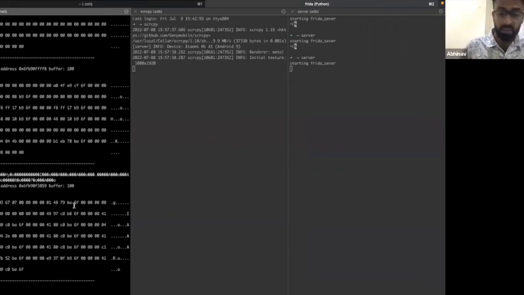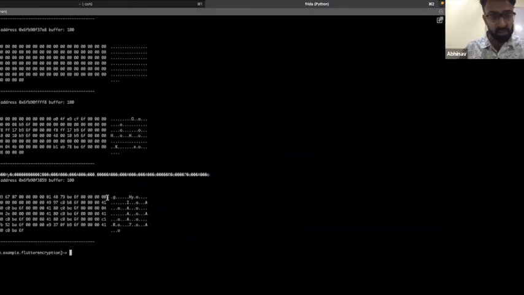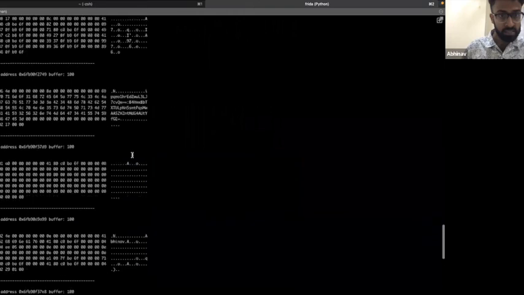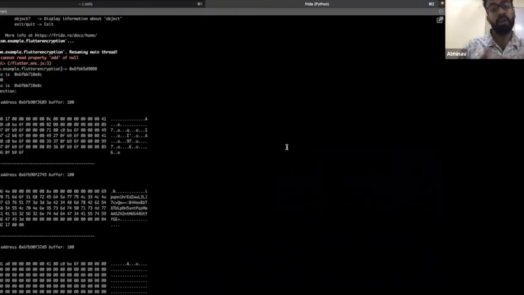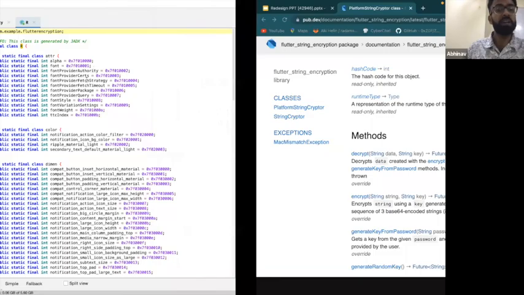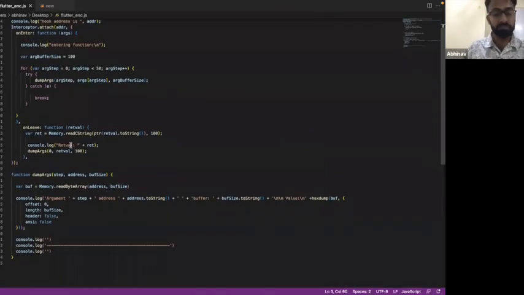What just happened here? Are you able to see this? I hope all of you can see this. So our script went to that memory location. We understood where the function was residing. We understood what arguments that function uses. And using that, we wrote a small script to print the arguments of that function.